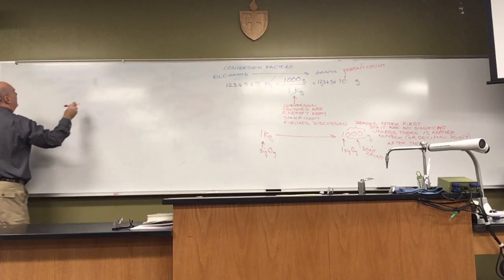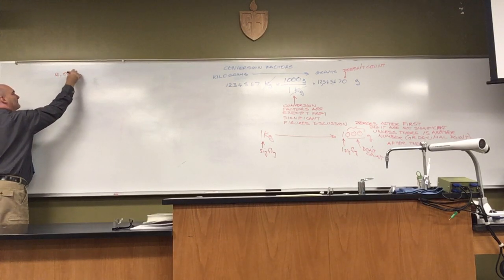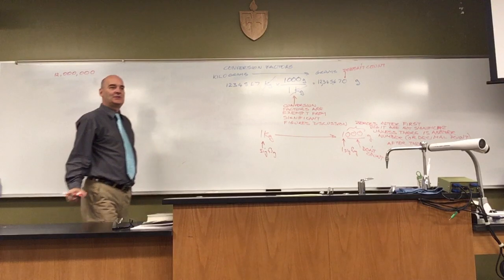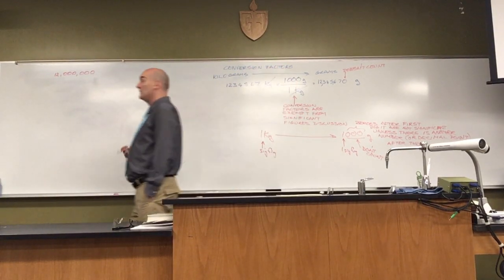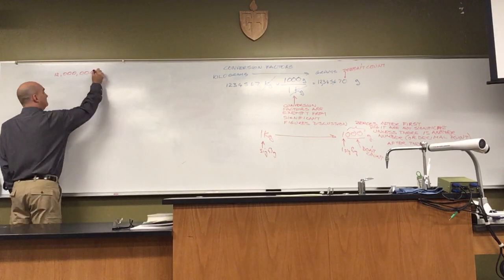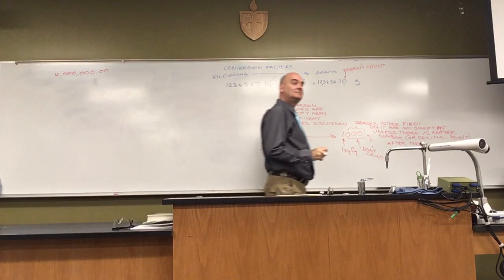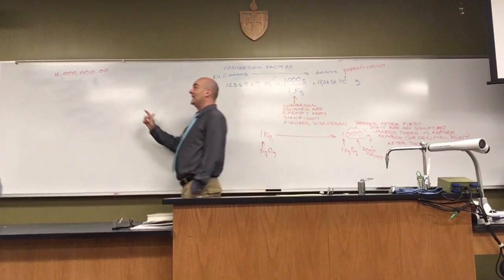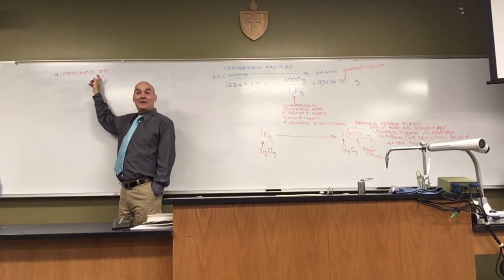Okay, so let's do this. Here's a number. 12 million. How many significant figures are there? There's just 2. How many significant figures are there now? The decimal point starts to validate our numbers.